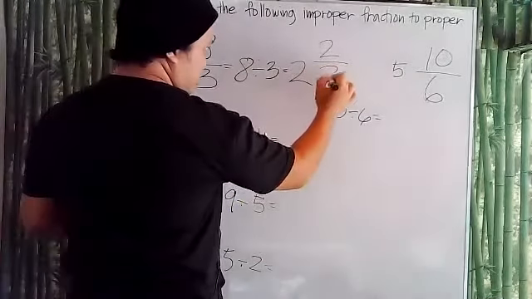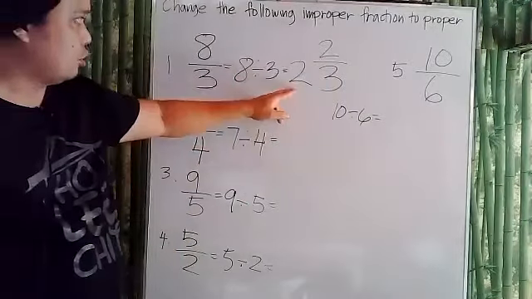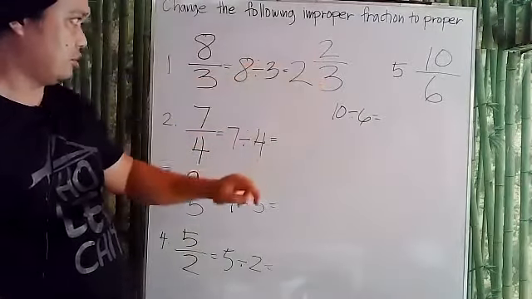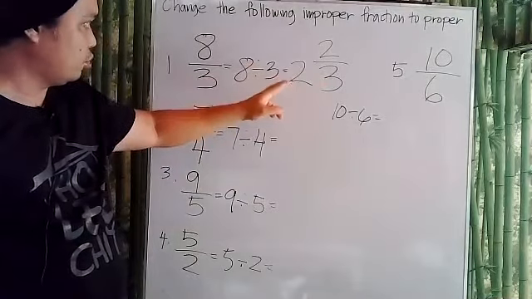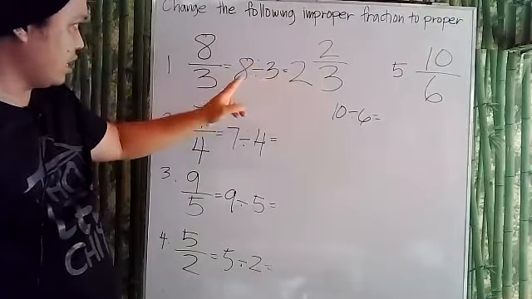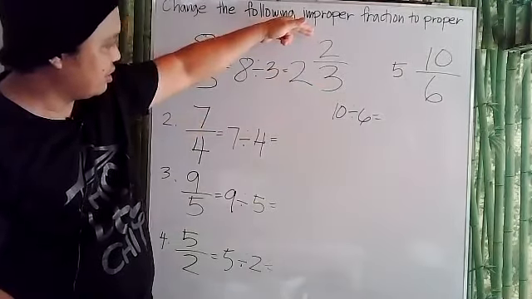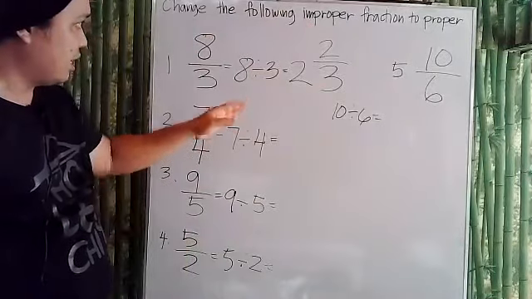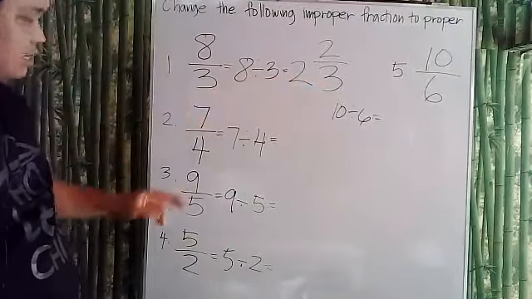So 8 thirds here becomes 2 and 2 thirds. The 2 here is that there are two 3s in an 8, and the 2 here, our numerator, is the remainder. And 3 here is the original denominator.